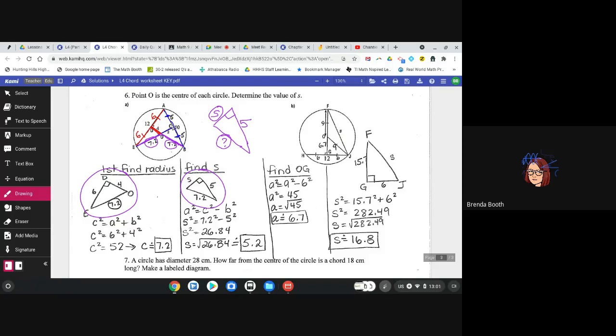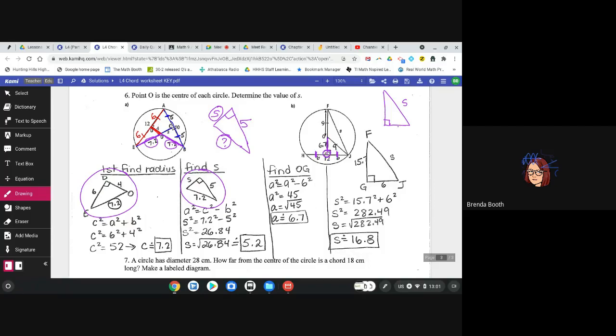So take a look at this side S that we want to find. It is part of this right triangle. So at first look, that's the triangle that I want to work with. And if I pull it out, here's the S. I know that these two segments are equal because the line from the center makes a right angle right here.